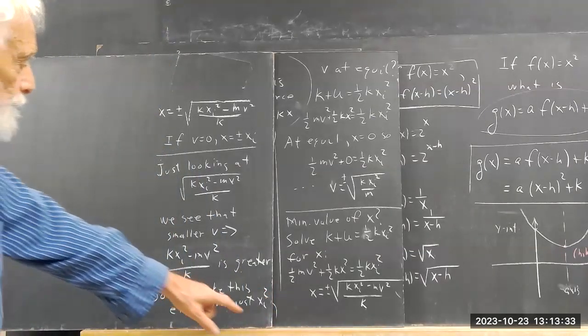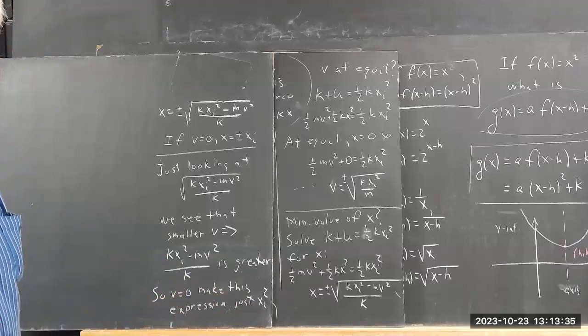This expression becomes xi squared, which is the greatest possible value you can have.